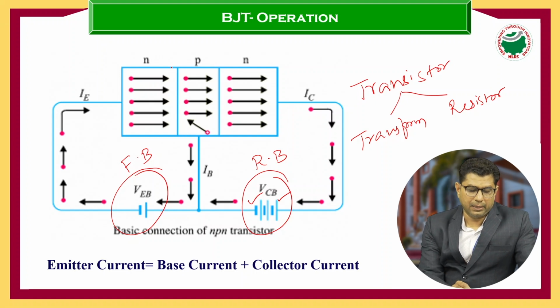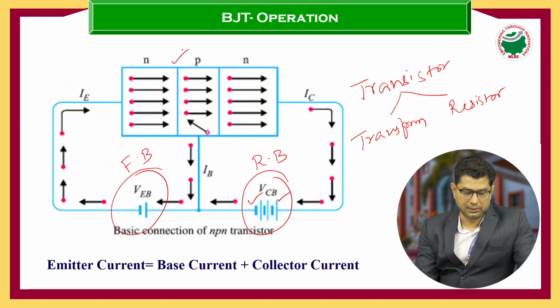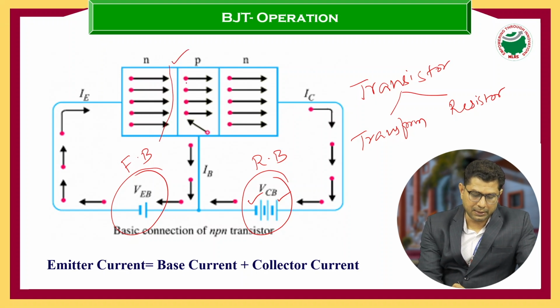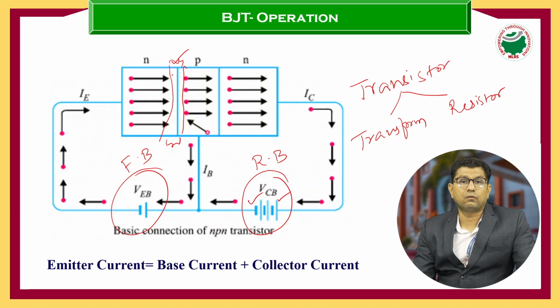We know very well from the previous class that forward bias is a low resistance connection. Here the junction is formed, with a depletion layer, but the depletion layer is thin. Why? Under forward bias, the charge carriers move towards the junction, so the width of the depletion layer decreases.